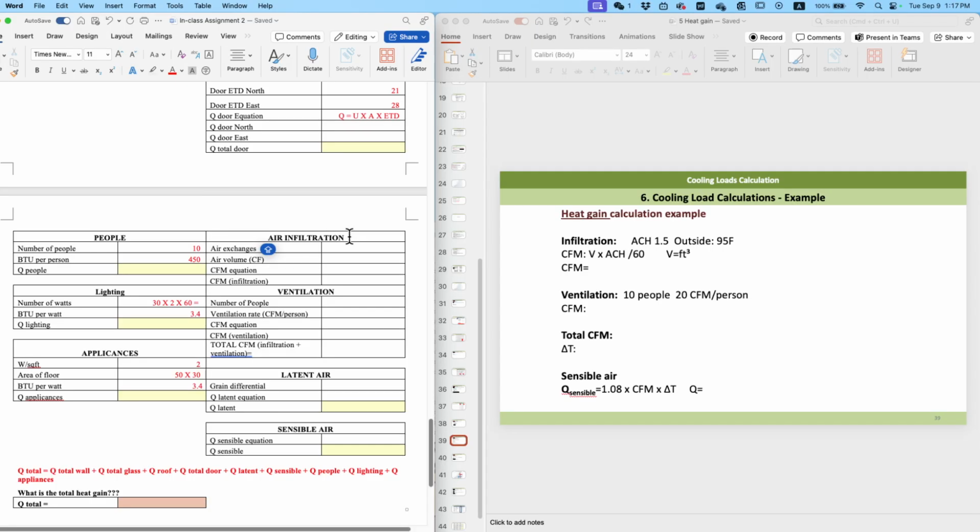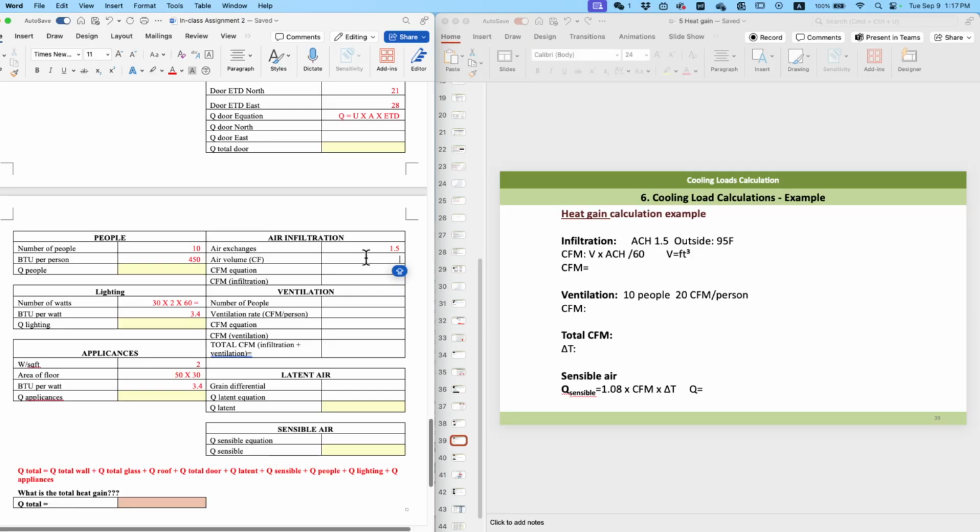So when we want to know the air heat gain, we need to first know the total CFM from infiltration and ventilation. First, how to calculate infiltration CFM. ACH, air exchange, is 1.5. Air volume is the building volume.